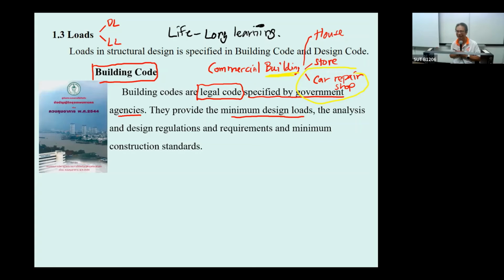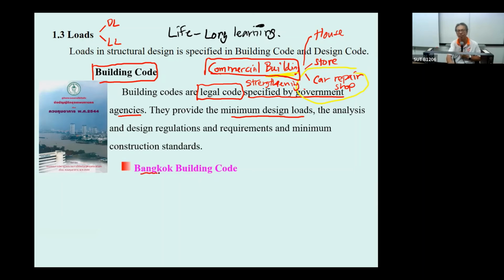The other way, you may strengthen this commercial building to be used as the car repair shop. That is what is called strengthening. And then we also have two big building codes in Thailand.